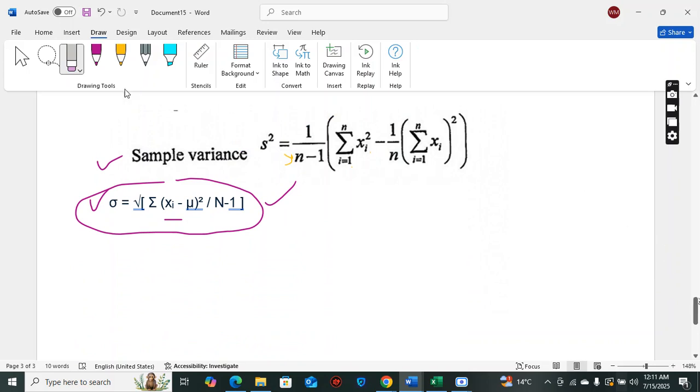If we're using proper Chizungu, we subtract the mean from each value.